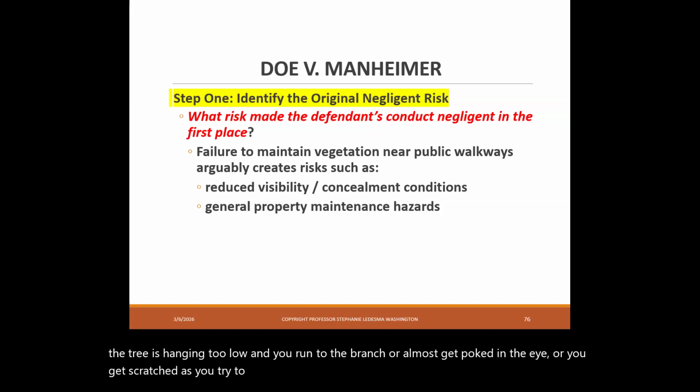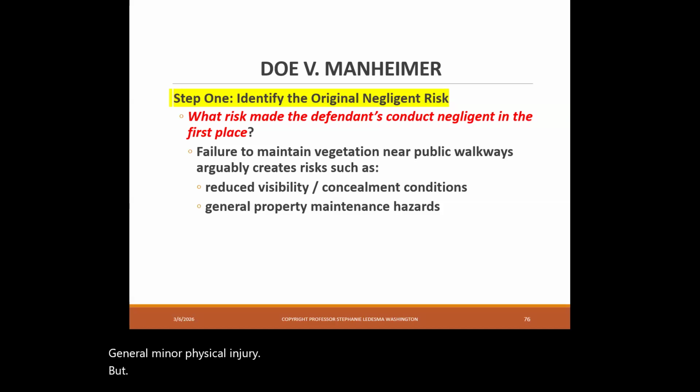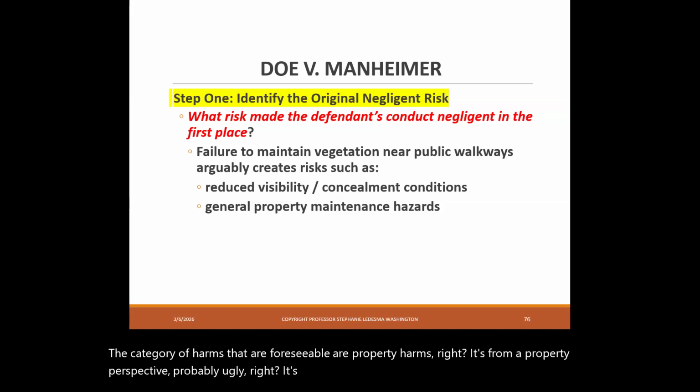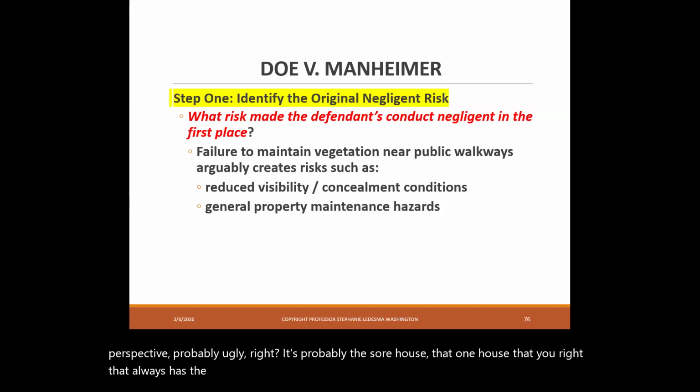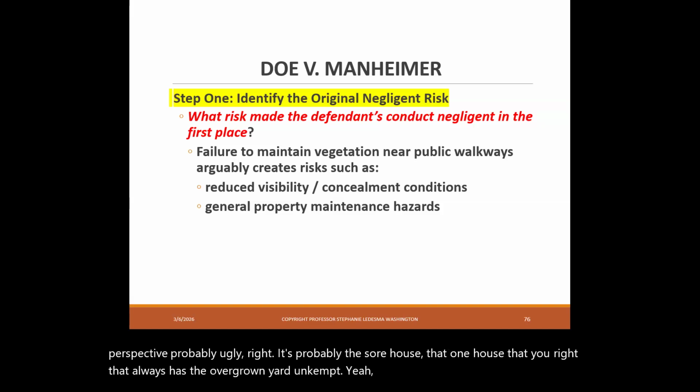So there's some risk of some general minor physical injury, but the category of harms that are foreseeable are property harms, right? It's from a property perspective, probably ugly, right? It's probably the eyesore house, that one house that always has the overgrown yard, unkempt. Yeah. But these are property damage harms.